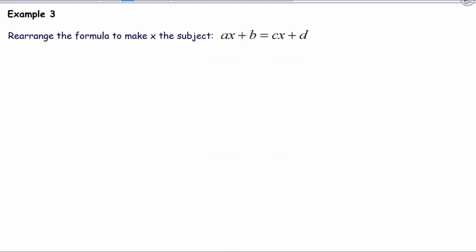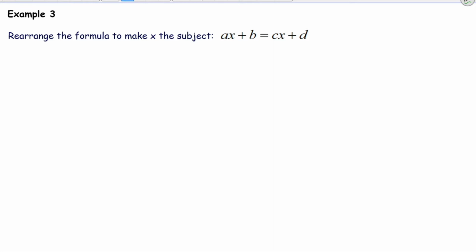Example 3, rearrange the formula to make x the subject. And it's the same thing as what I said in the previous video. You want to remove any terms not relating to x from one side.